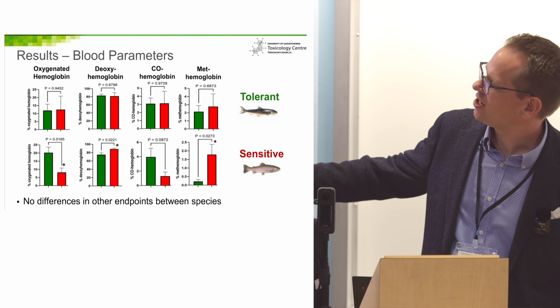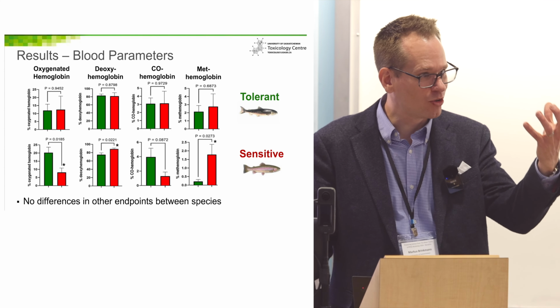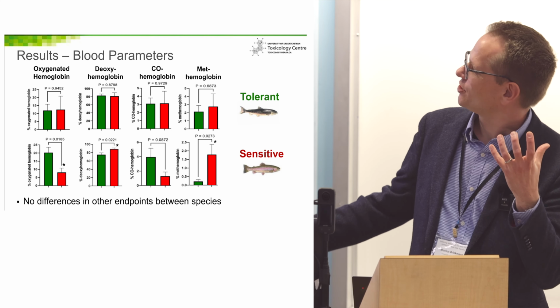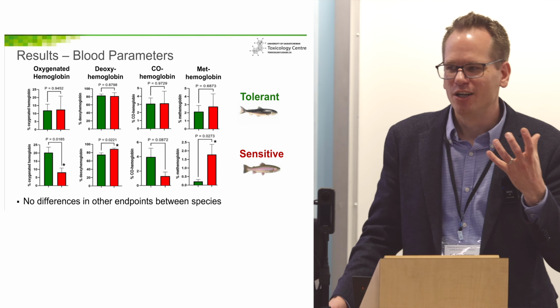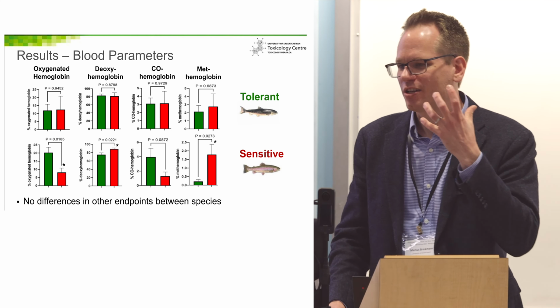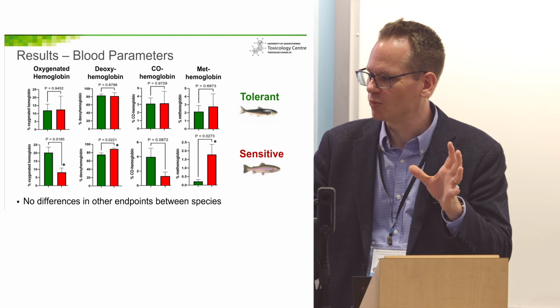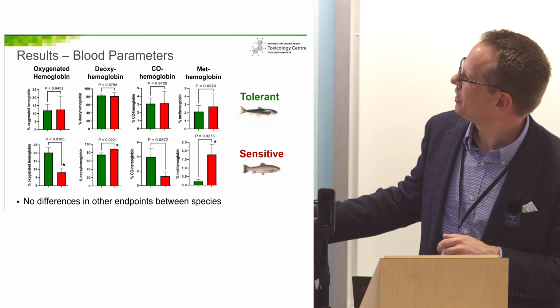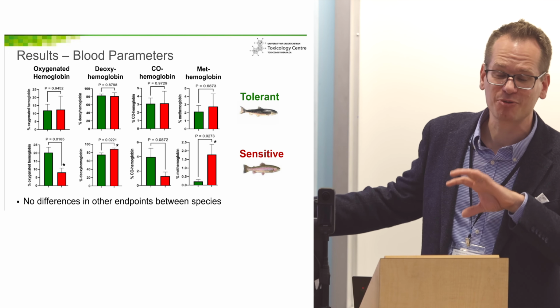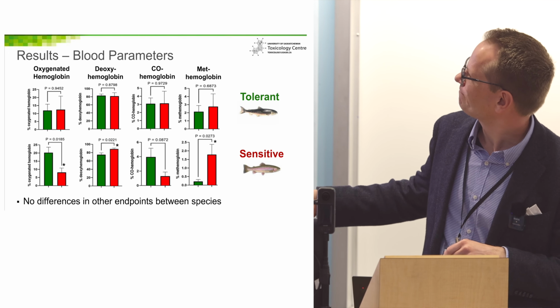You look at the deoxyhemoglobin, so hemoglobin without oxygen bound to it, you see a significant increase. So it clearly shows that our fish are transporting less oxygen with their blood through their bodies, right? Why that is the case, we don't know at this point, but certainly an interesting observation. And that is before the fish actually die, right?